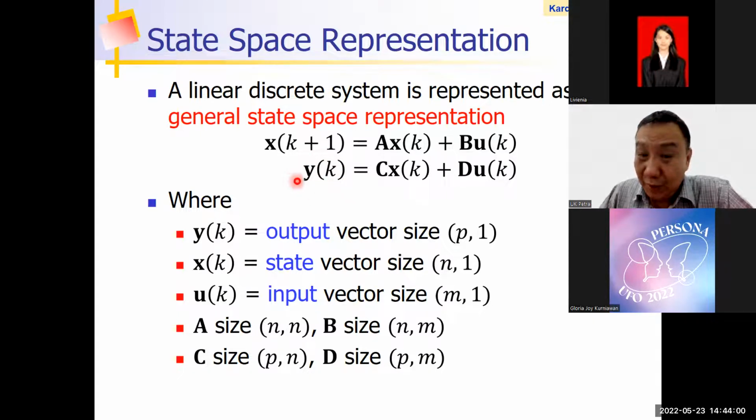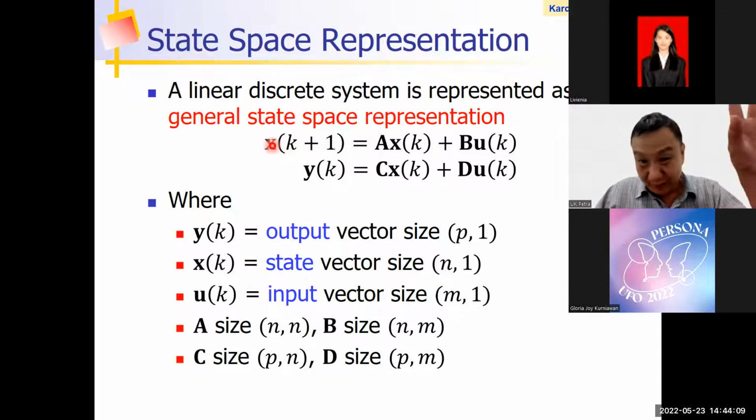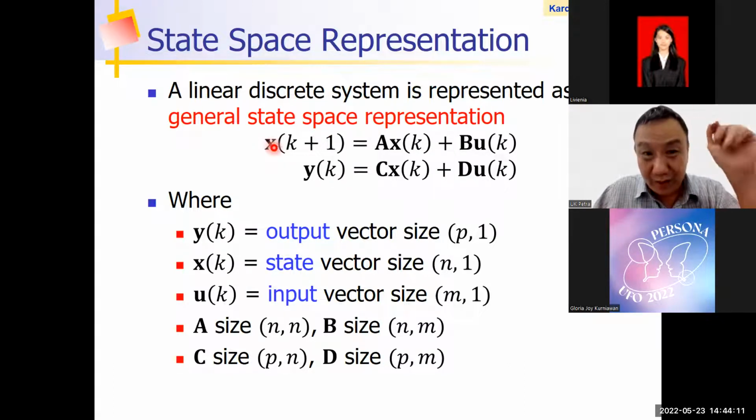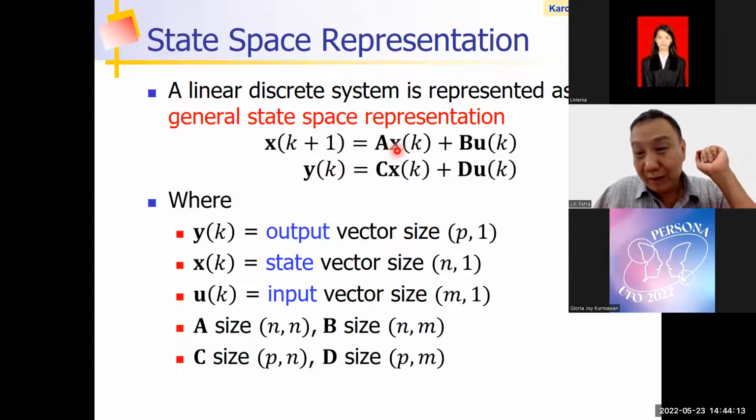So the one that you model is the whole thing. Inside that system of the stock market, of the economy, there is a state variable that you don't know. The one that you know is only U and Y. Do you get it? The idea of state space representation.